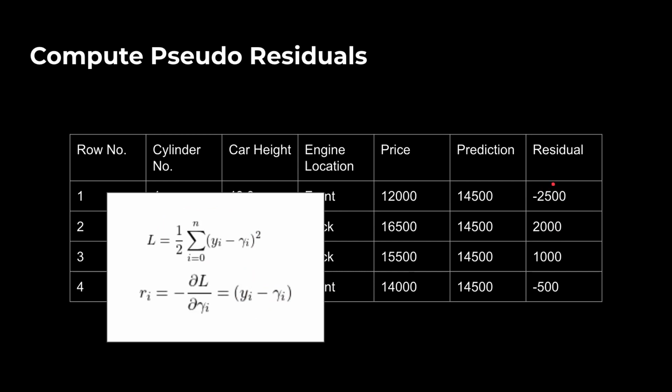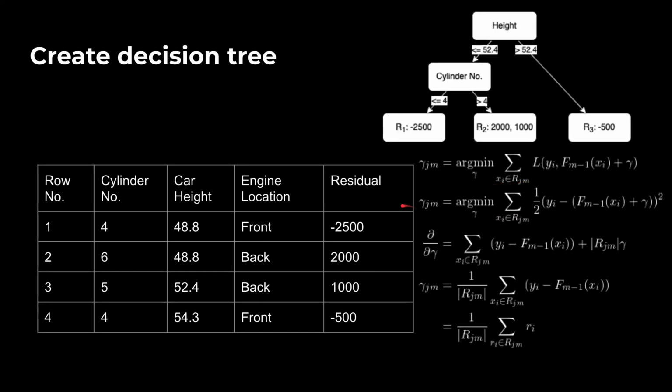But anyway, now that we have our residuals, we create a decision tree to predict these residuals. So in this case, I have this 2-layer 4-leaf decision tree. And again, I won't go into details of how to create this decision tree.